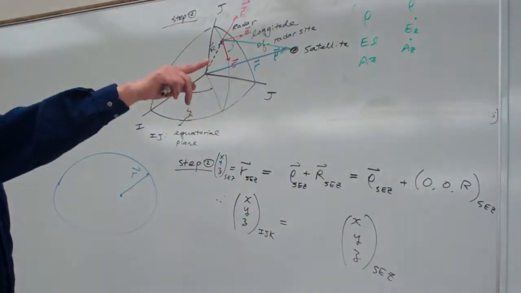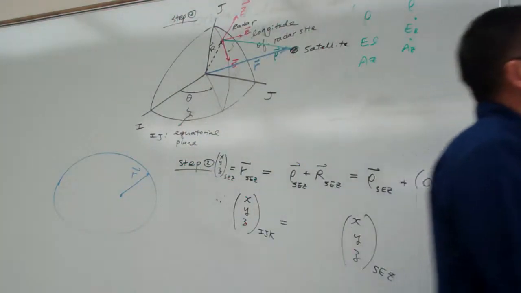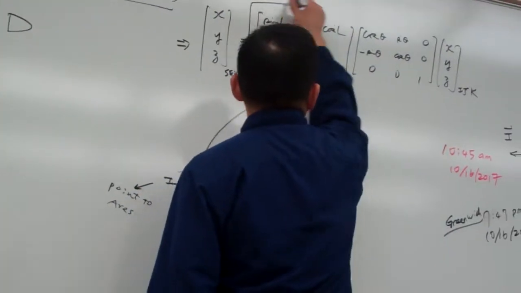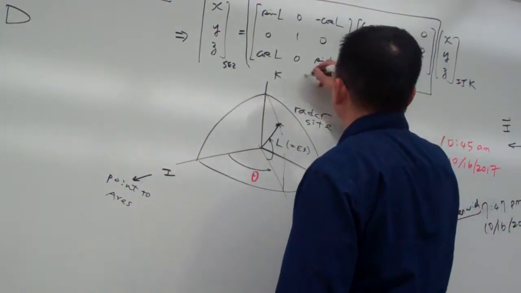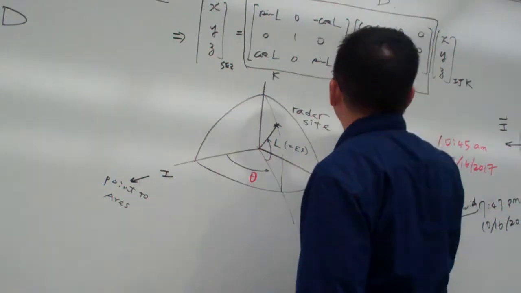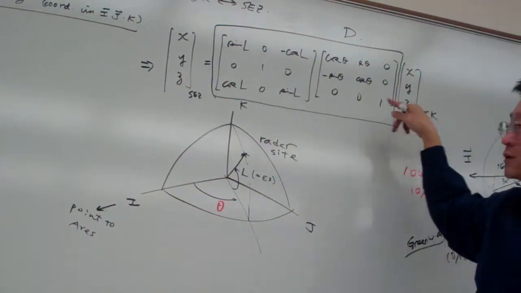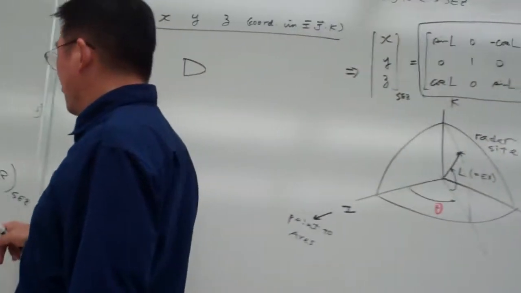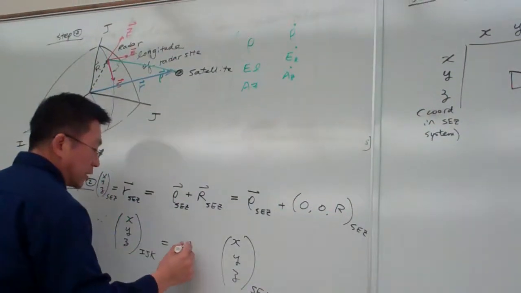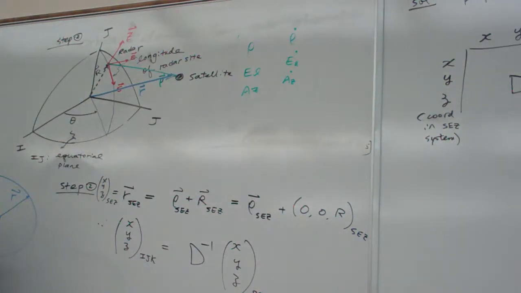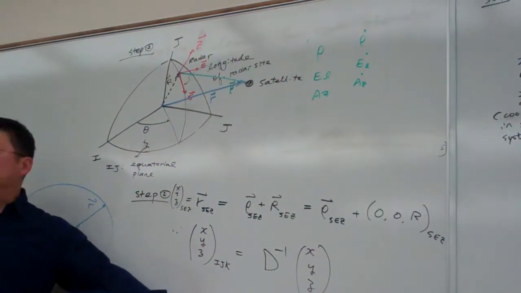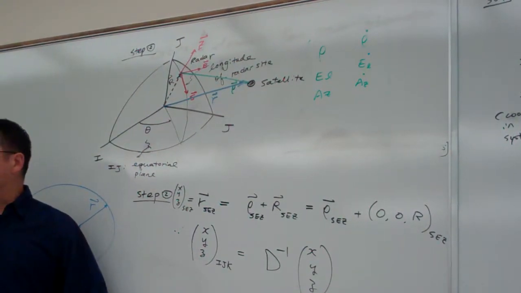And that one we simply take the inverse. This is our D matrix, the D matrix multiplied with the IJK information gives SEZ. Inverse in SEZ, simply we take the D inverse here, and D inverse can be easily calculated, for example, in MATLAB.